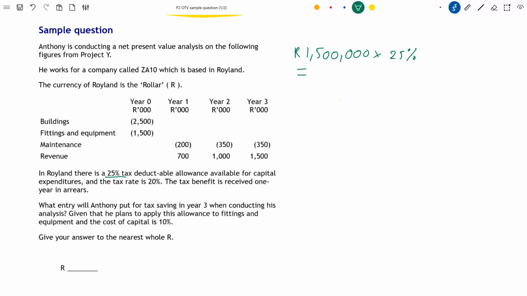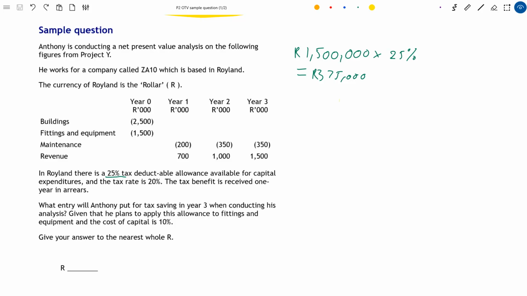So $1,500,000 multiplied by 25% is $375,000. So that is the amount of capital expenditure that we could potentially apply the 20% tax saving to in year 1. So of course, we don't actually need to calculate the tax saving for year 1 because it's not relevant to answering the question.